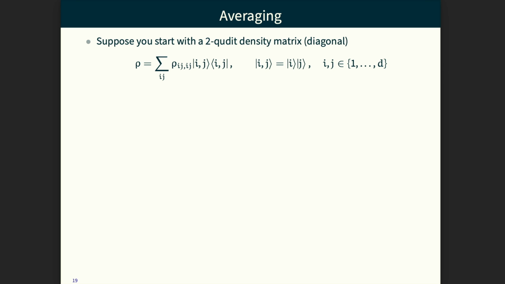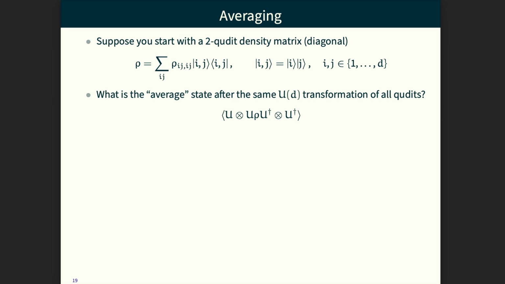So I just imagine a density matrix. It looks like this. I think the notation is fairly standard. And I'm going to ask the question, what is the average state that comes out? Suppose I pull out a unitary at random, a D by D unitary, and I just apply it to this. What comes out on average?